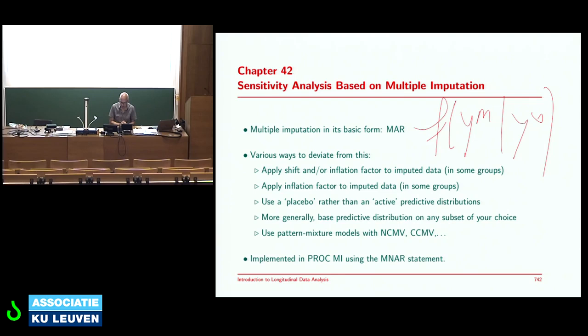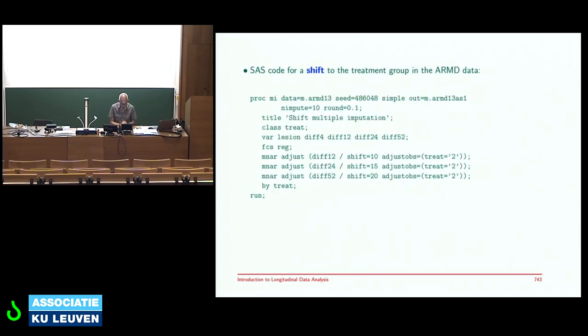Carpenter, Kenward, and Roger have contributed enormously to this area, and a number of these techniques have been implemented in SAS. So, for example, going back to base MI code, we do this now, but we apply a shift. Well, the key tool is, in Proc MI, the MNAR statement.